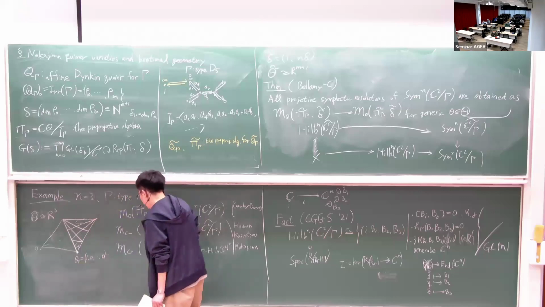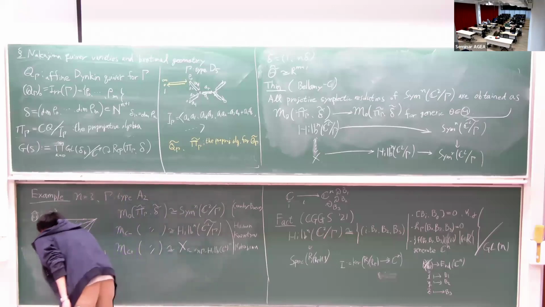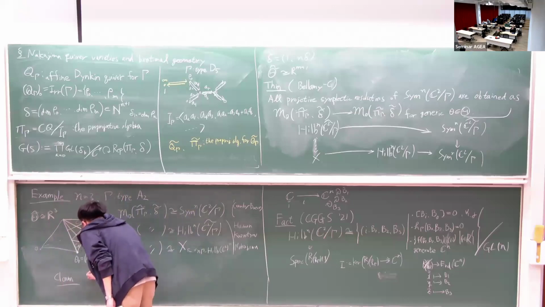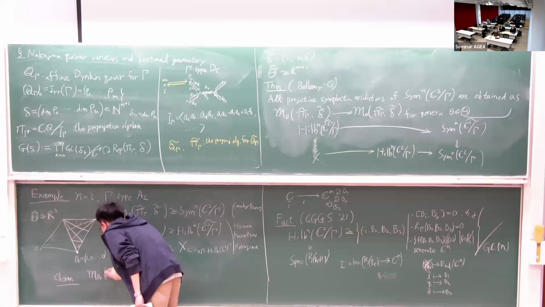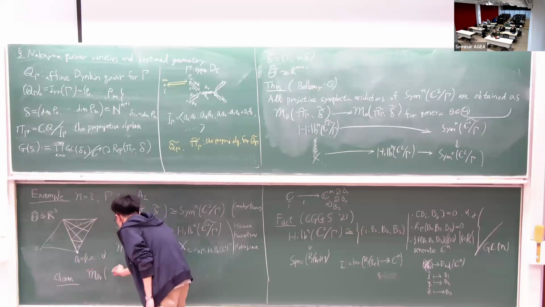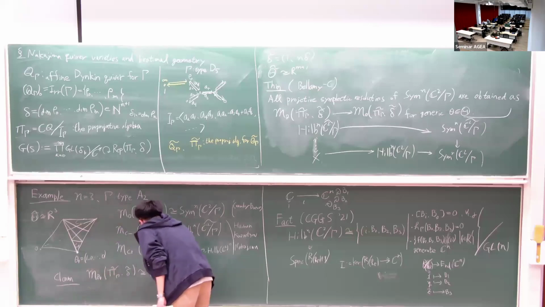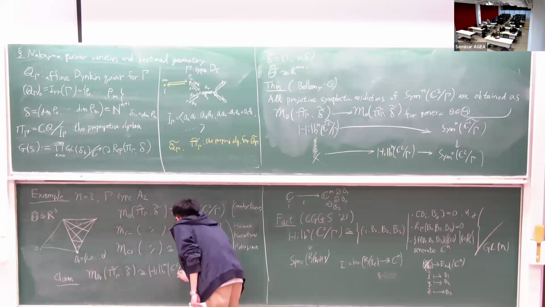So we can prove the main result by proving the following claim. The moduli space for this stability condition is isomorphic to the Hilbert scheme of n points on C2 mod gamma.